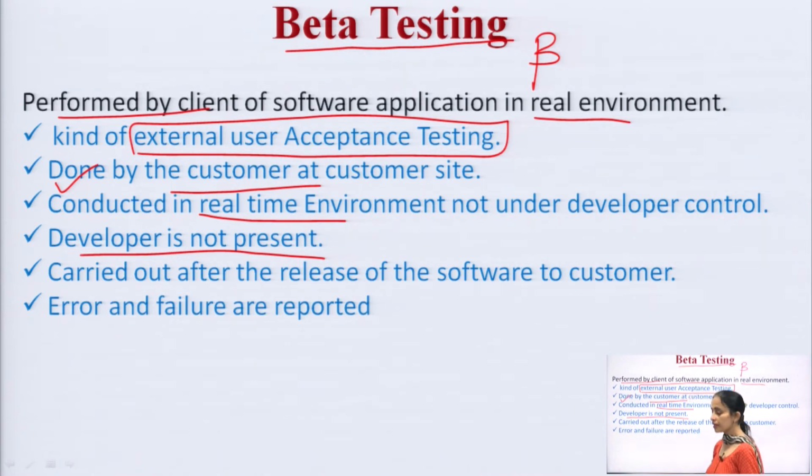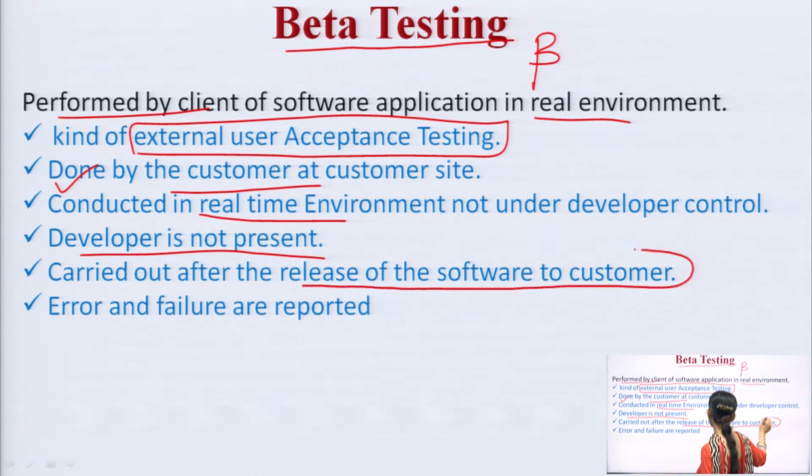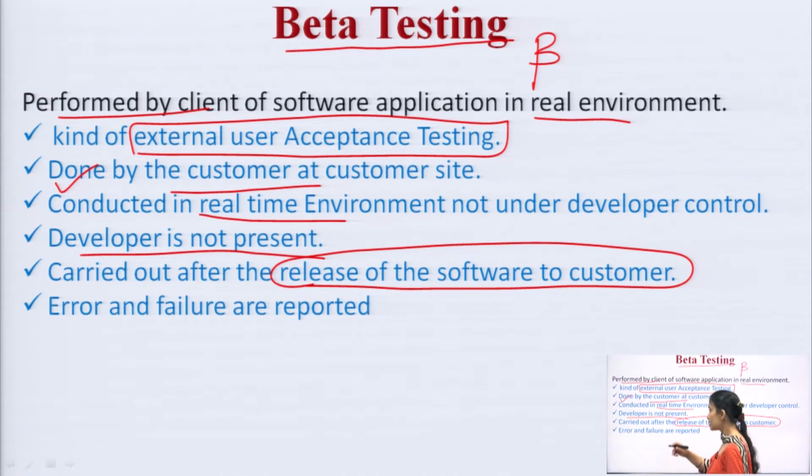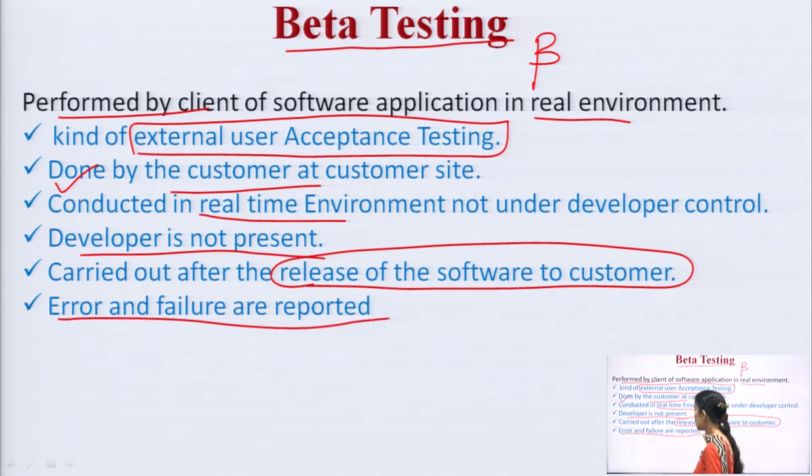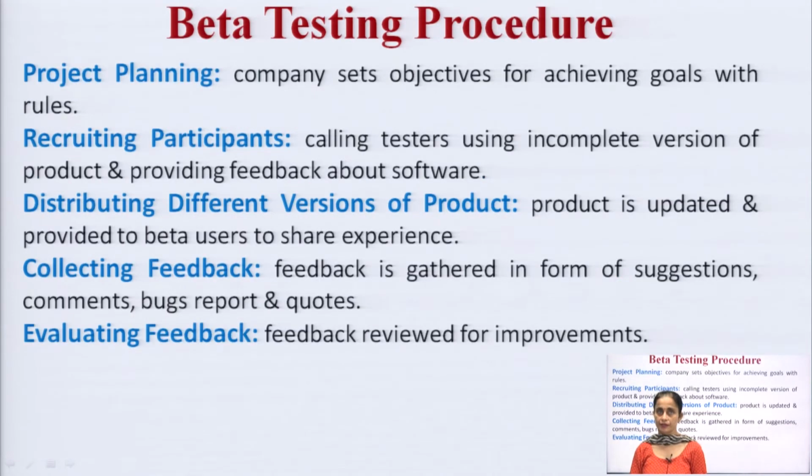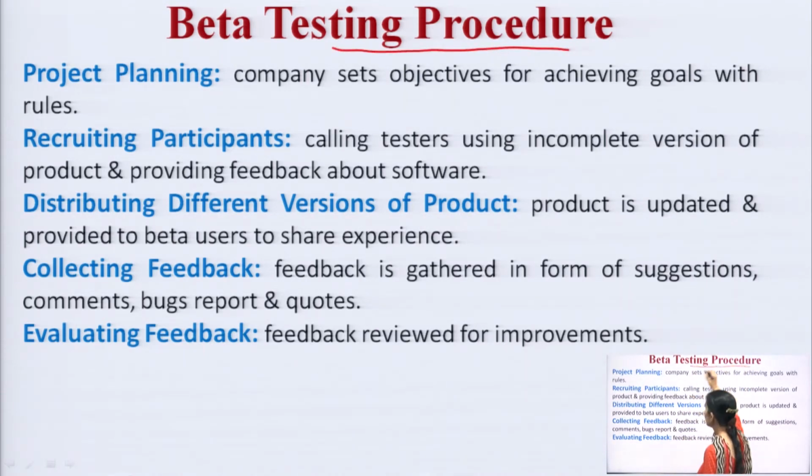Then beta testing is carried out after the software is released to the customer. The first phase is ready and then it takes place. Then the main task for doing beta testing is to report the different errors and failures that are left with alpha testing.